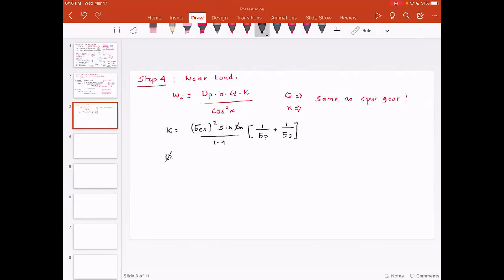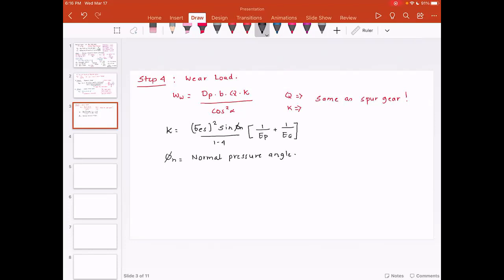But the important thing to note here is that phi n is called the normal pressure angle.